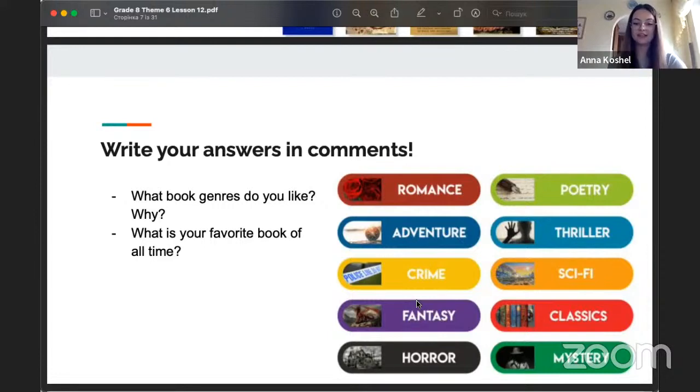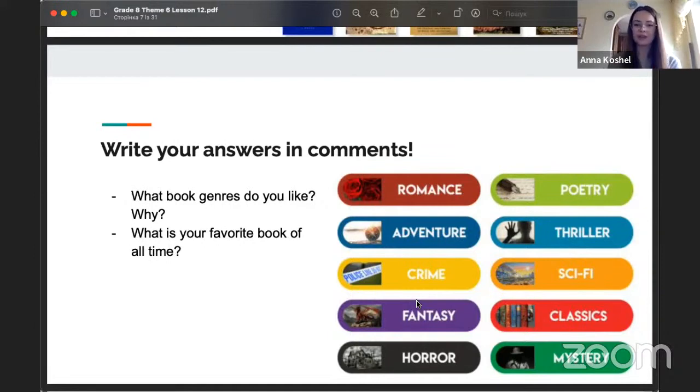And while you're thinking, while you're trying to recall what your favorite genre or genres are, I'm going to give you a short reminder about which types of genres you may know and which of them exist in literature. So romance, that's about romantic relationships between people.